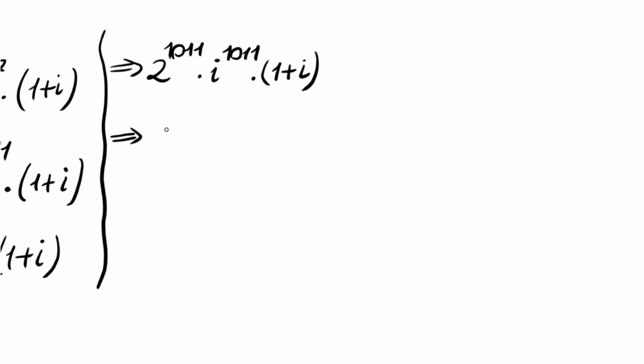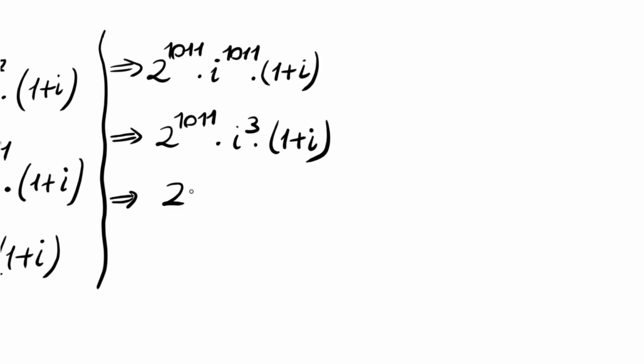This is i cubed. Let me first write, then show why. This is i cubed times 1 plus i, and i cubed is equal to negative i, as I said before. We have 2 to the power 1011 times negative i, and times 1 plus i.